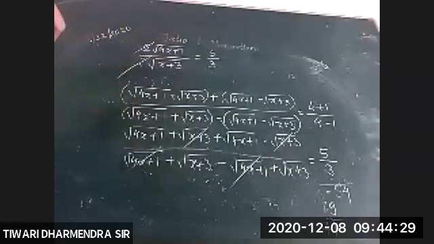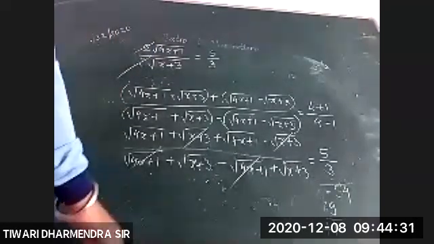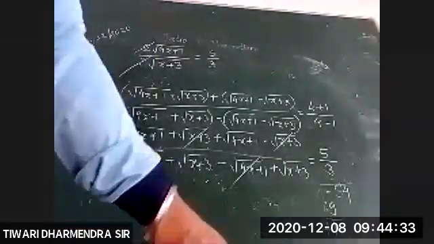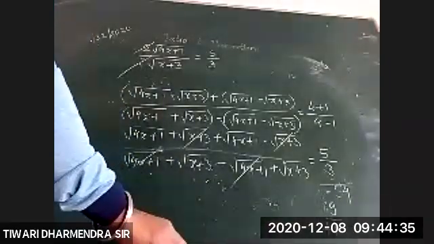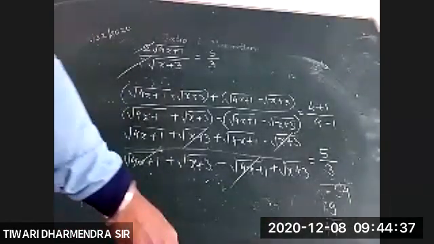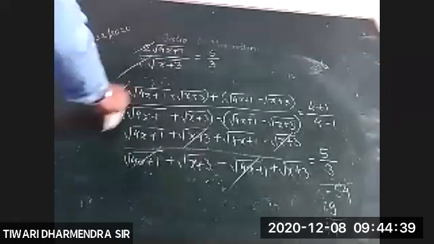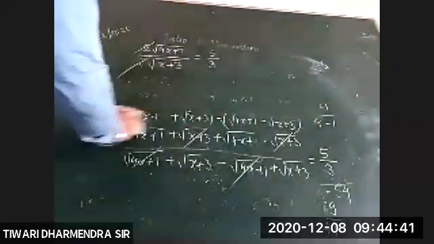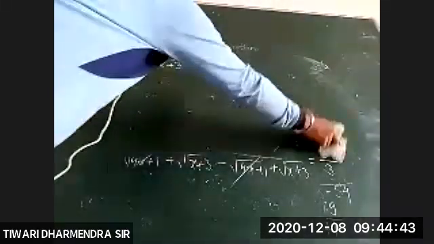2 gets cancelled. Now what we need to do, just in order to take rid of square root, we need to square it on the both side.